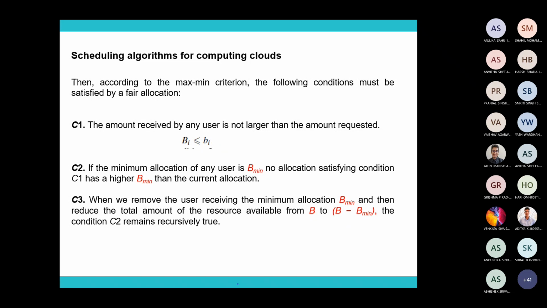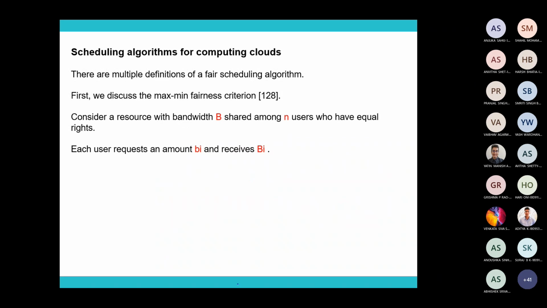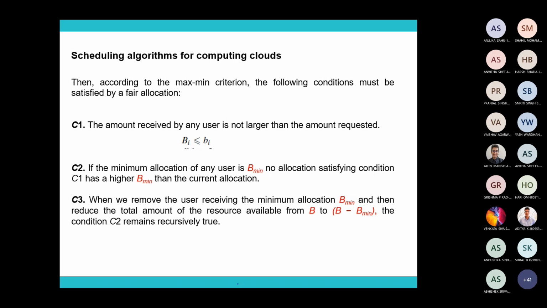As I mentioned in the previous slide, small bi represents what is requested and capital Bi is what they have received. So the received should always be less than or equal to the requested.